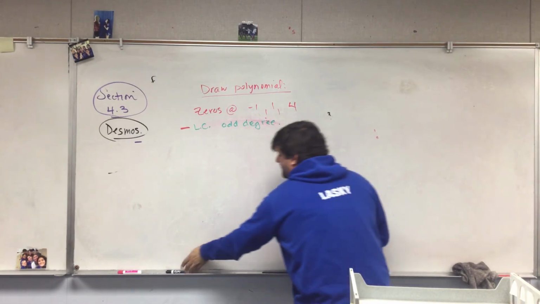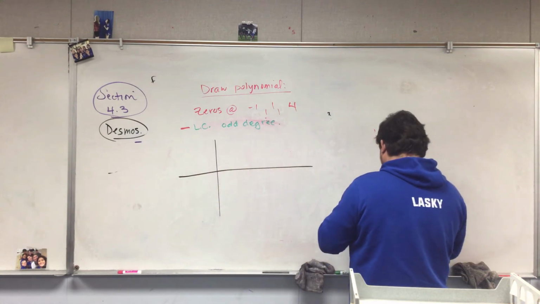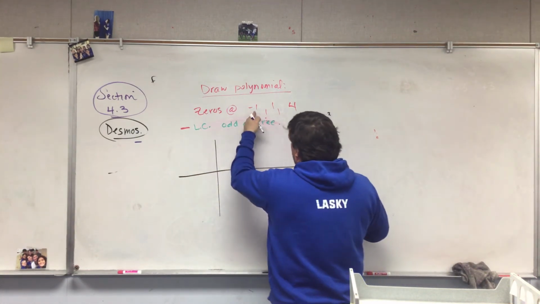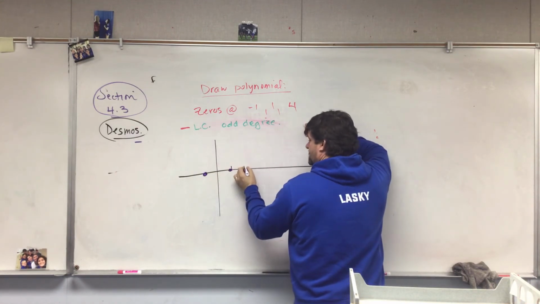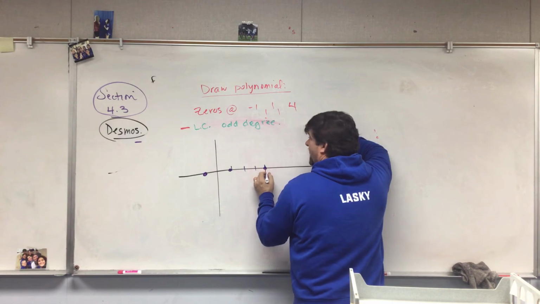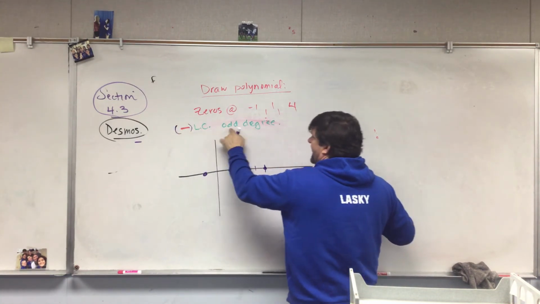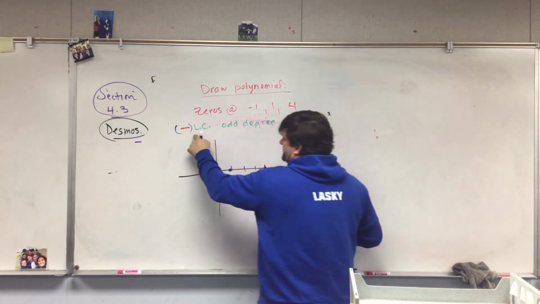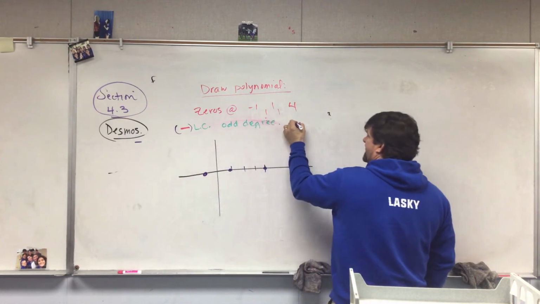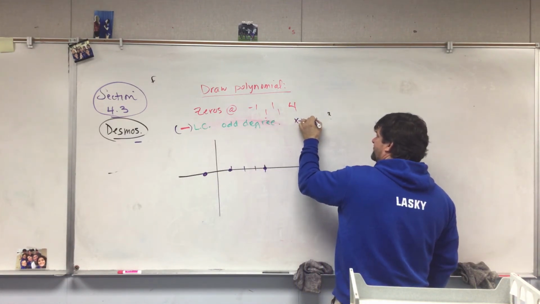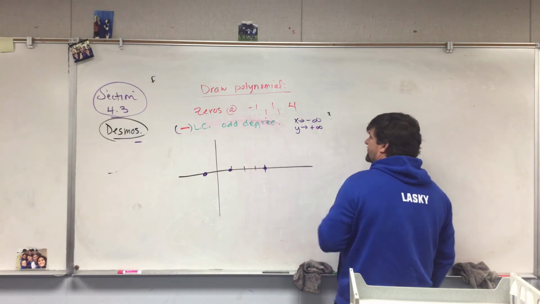So if we draw our graph right here, we know I have zeros at -1, 1, and 4. I know that I have a negative leading coefficient and an odd degree. So this tells me my end behavior. As x approaches -infinity, y is going to approach +infinity.